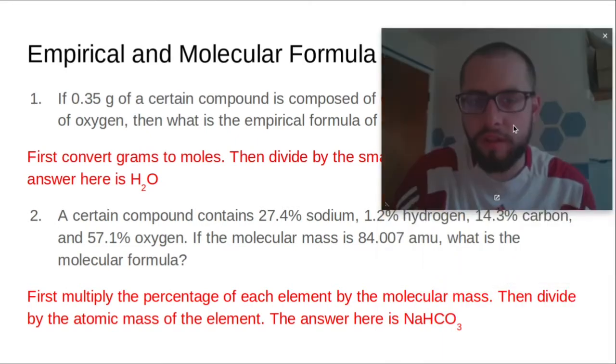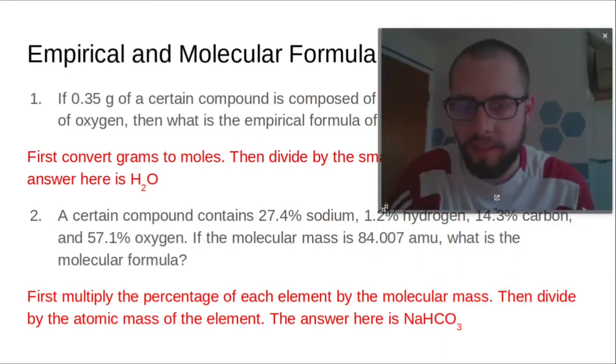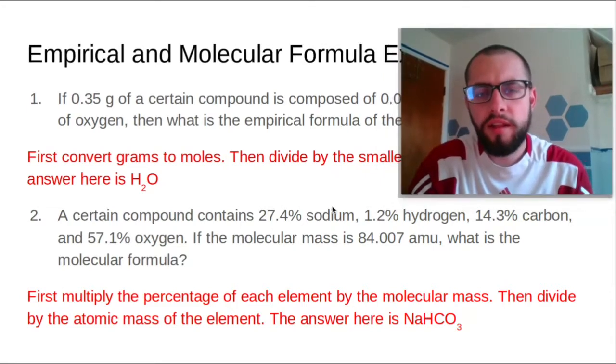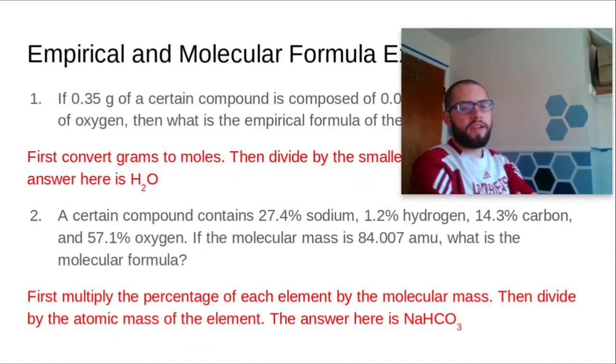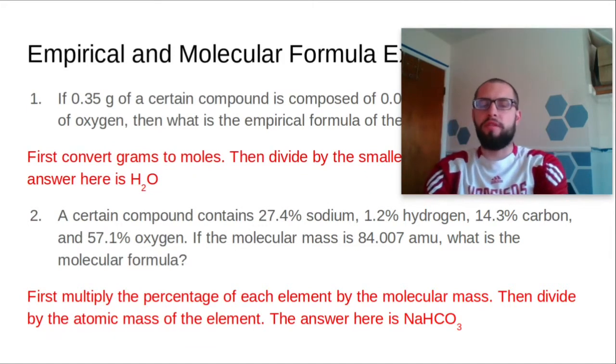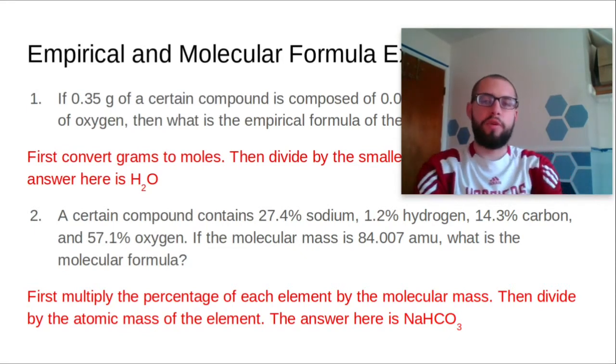There is one more scenario that we might see. This time I'm not starting with grams, I'm starting with actual percentages. So I know that the compound is 27.4% sodium, 1.2% hydrogen, 14.3% carbon, 57.1% oxygen. And then I know the molecular mass.